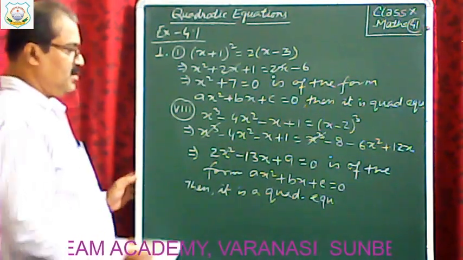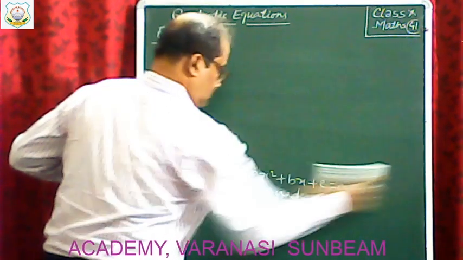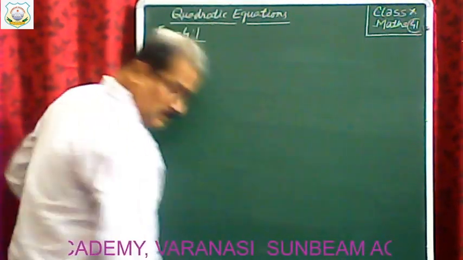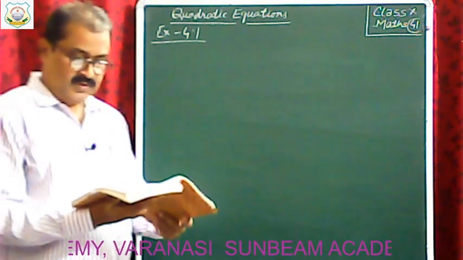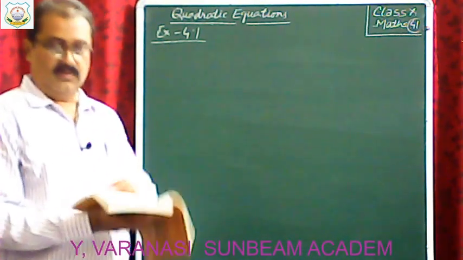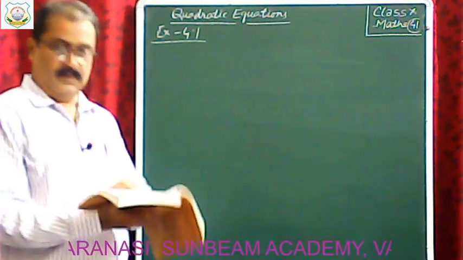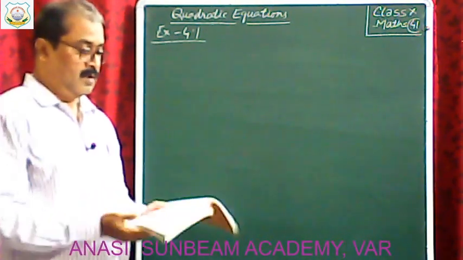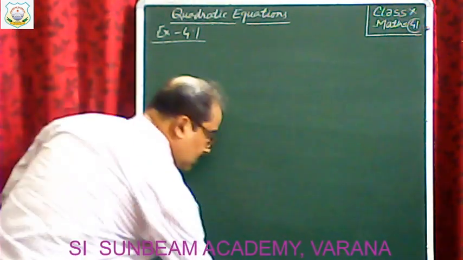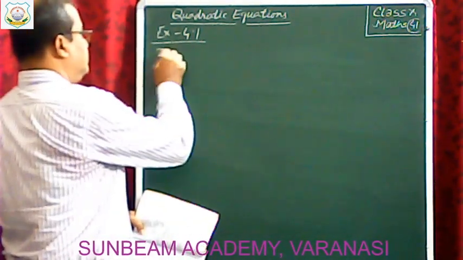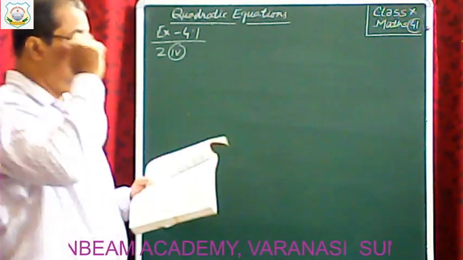Now let's see question number 2. Represent the following situations in the form of quadratic equations. Means you have to form the equations only. Clear? No need to solve. Question number 2, taking one of them. 4.